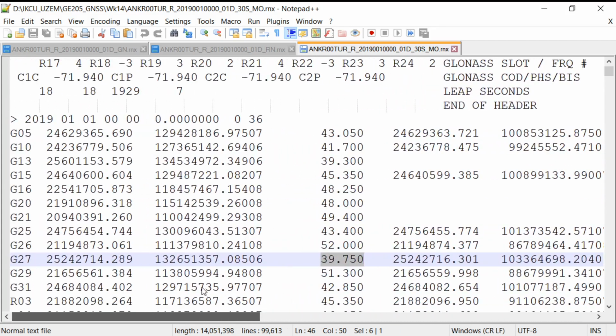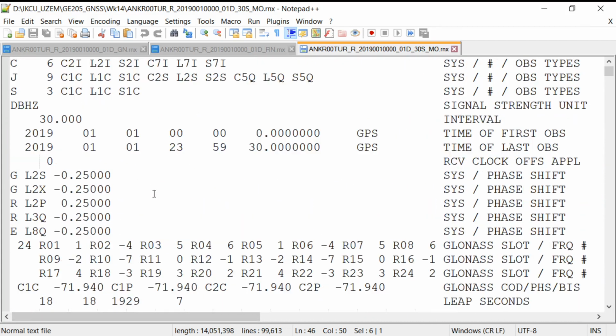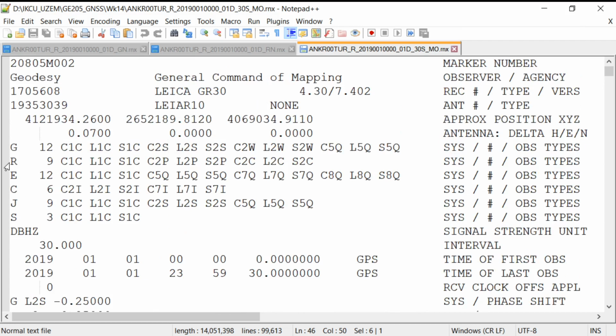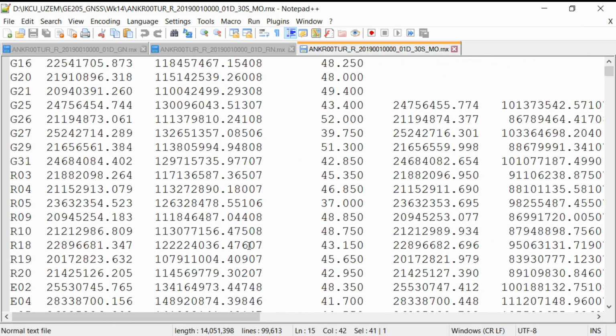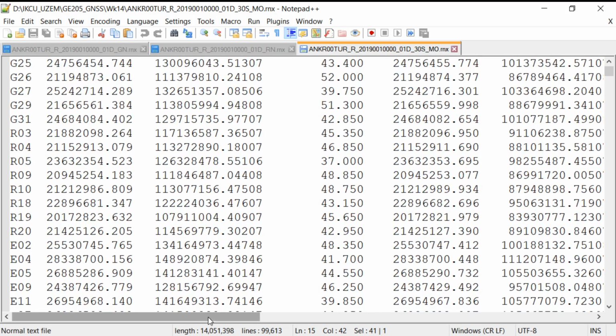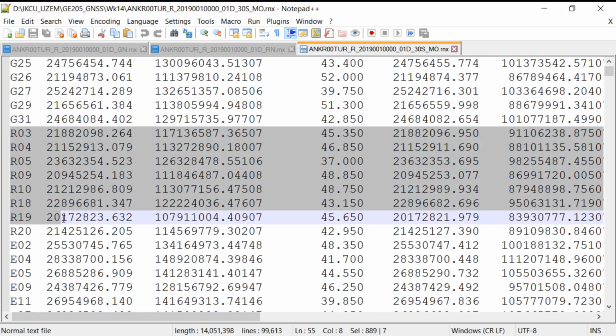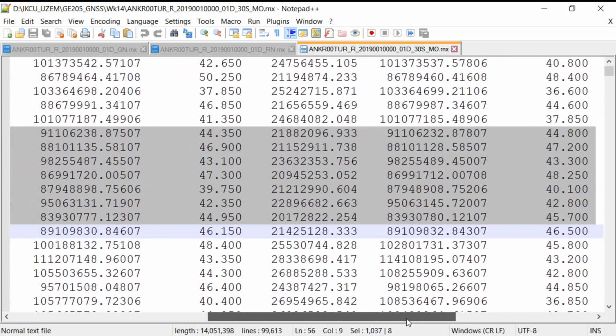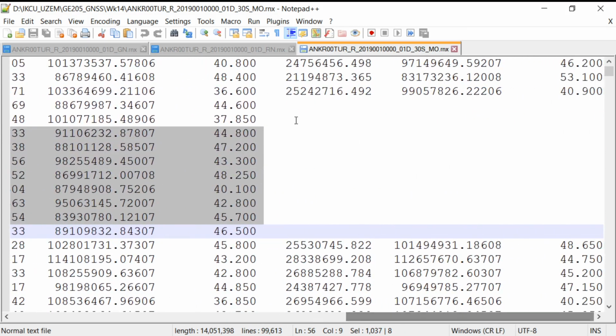And for other satellites, the same order. For example, for GLONASS, the last block will not be seen. So here, for the GLONASS system, you will see no information because it includes only 3 blocks.